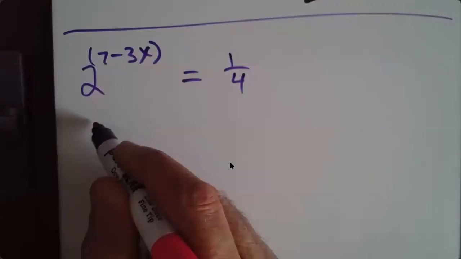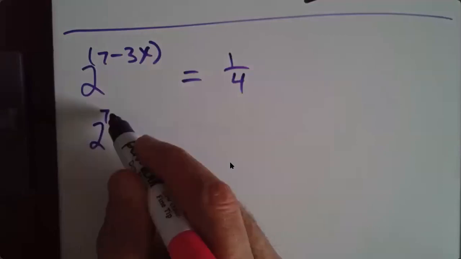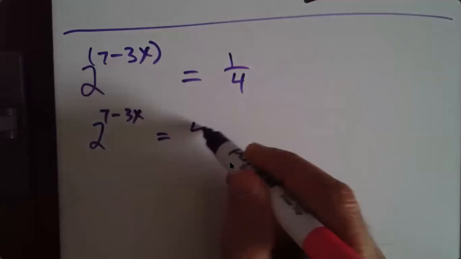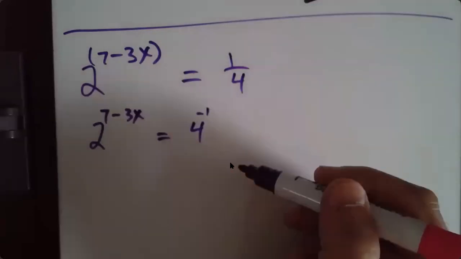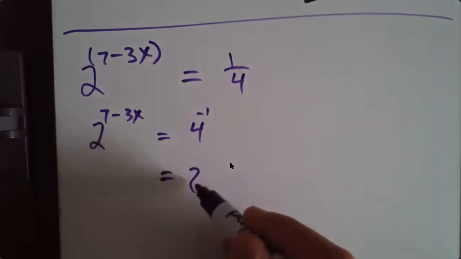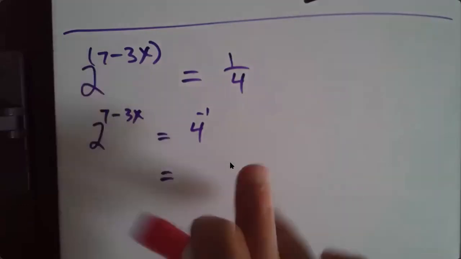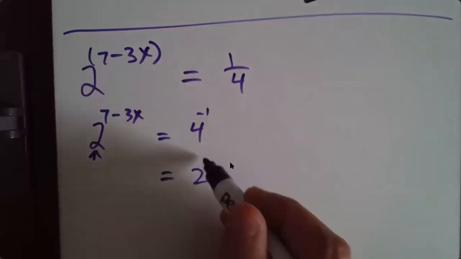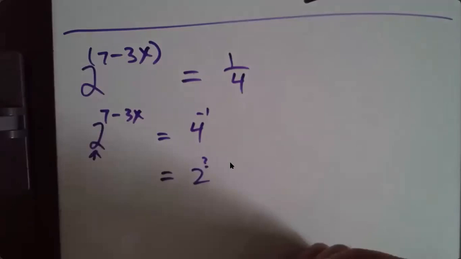So we're going to bring that 2 to the 7 minus 3x down. We can change that to 4 to the negative 1 power. And so we ask ourselves, can we make that to where it's the same base as the left? So we ask ourselves, 2 to what power gives us 4?